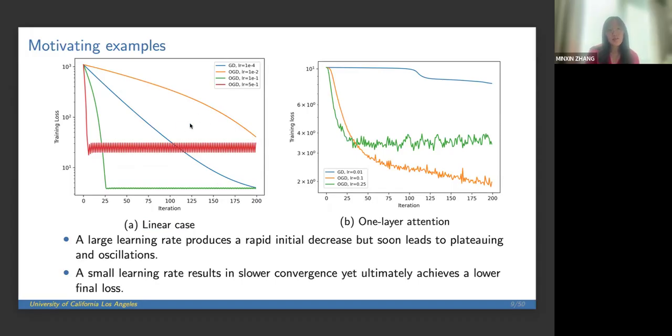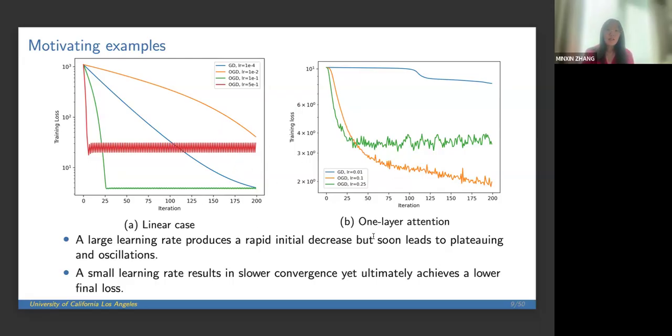It's slower than standard gradient descent. But if you use a much larger constant learning rate, like this red curve here, it has a very rapid initial drop in training loss, but it ends up plateauing and oscillating.